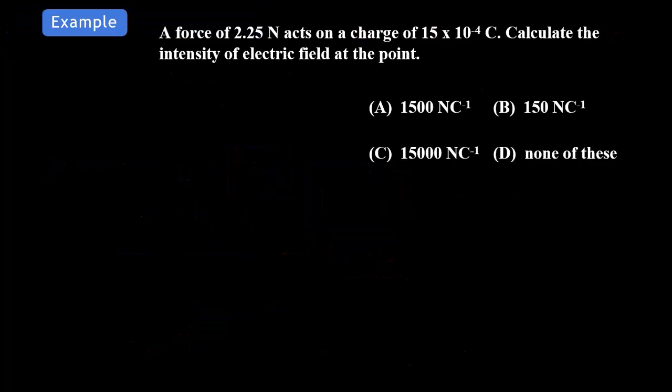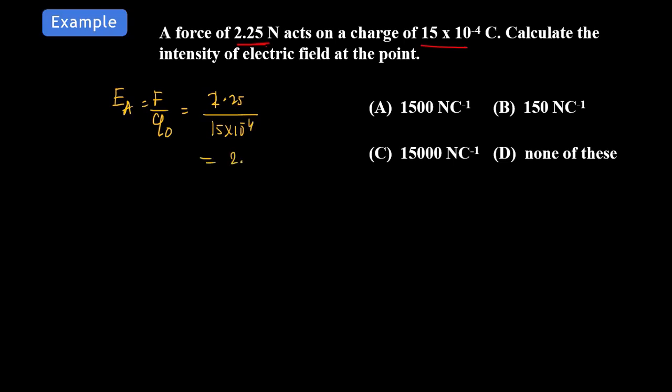Let us say there is a force of 2.25 Newton acting on a charge of 15 into 10 to the minus 2. Calculate the intensity of electric field. So electric field at a particular point is equal to F by Q naught. F is given as 2.25 Newton divided by 15 into 10 to the minus 2.